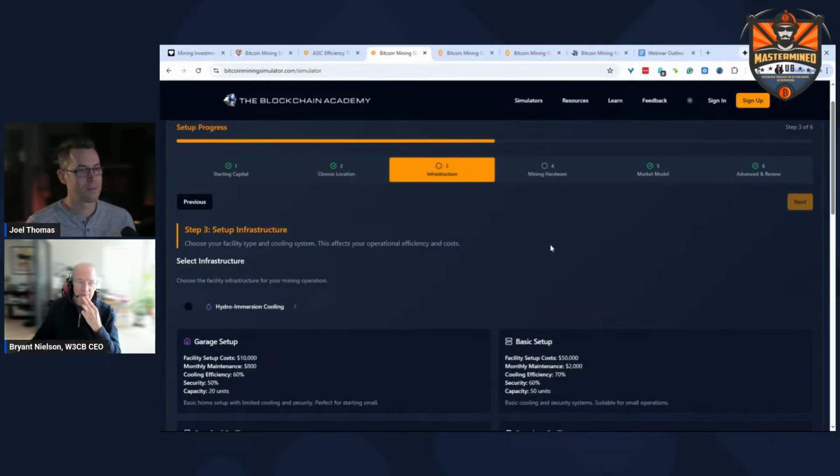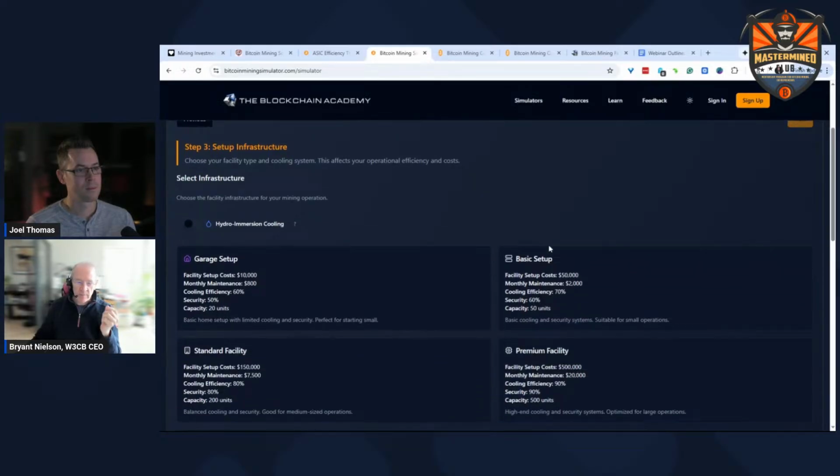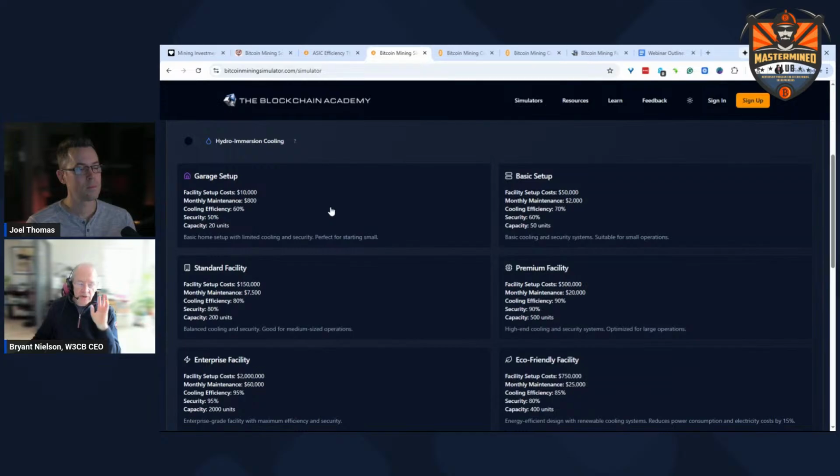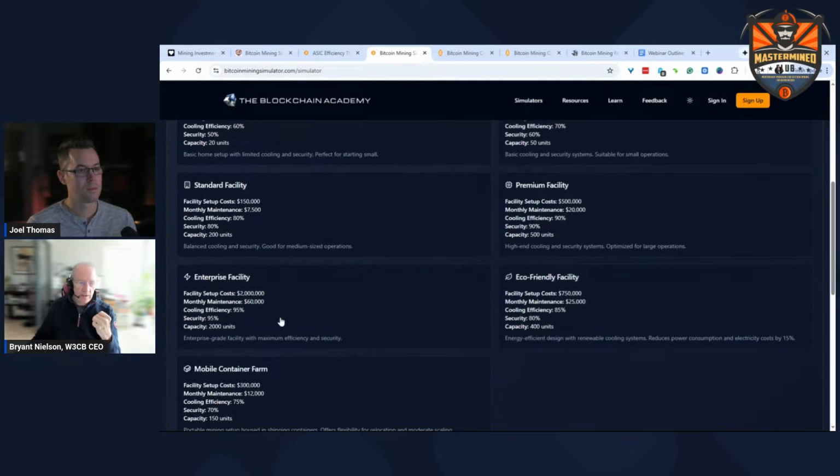Now I've chosen my geography. What is really my infrastructure? Again, you could continue with that garage setup, or you could say, you know what, I'm going to have something with roughly 50 units, or 200 units, or 500 units, 2,000 units, or the eco-friendly facility, which is 400 units, and it gives you the security.